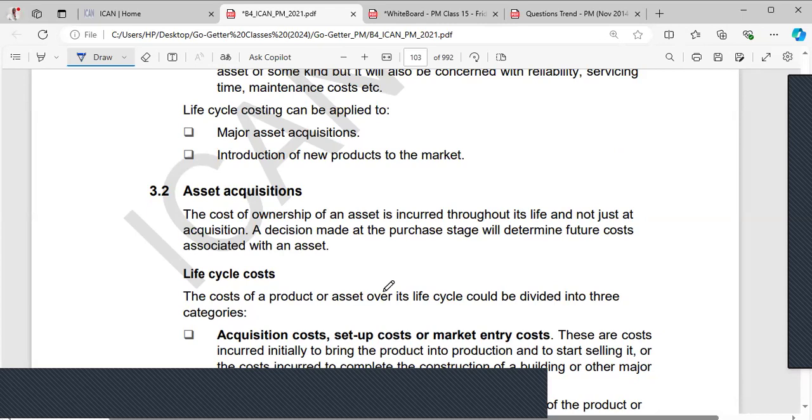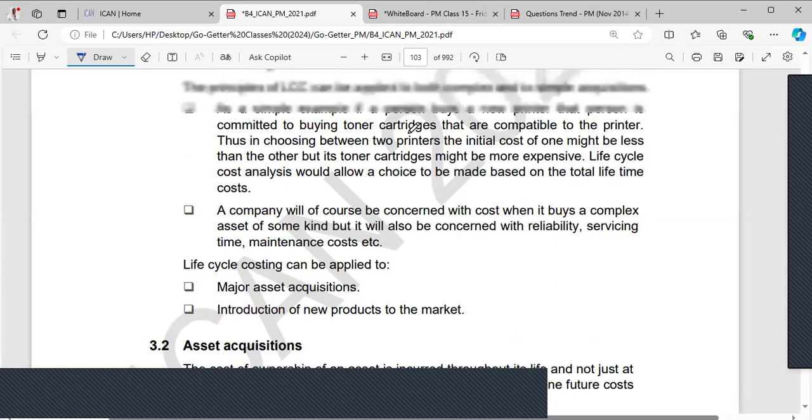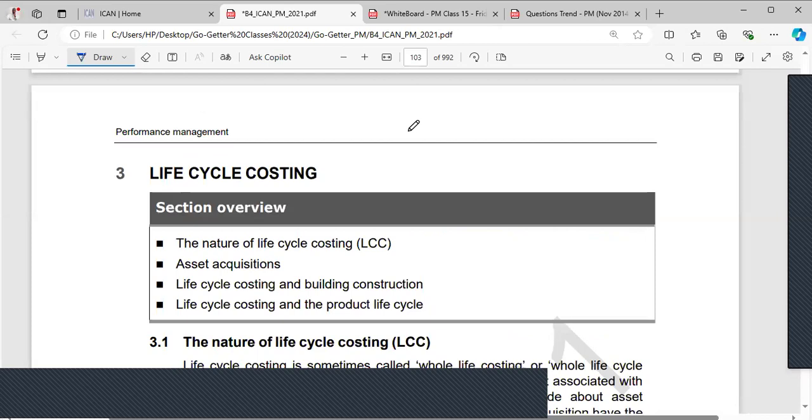Life cycle costing is another topic that will also not be ignored. Now, when we were doing learning curve, we talked about life cycle in one of the questions.